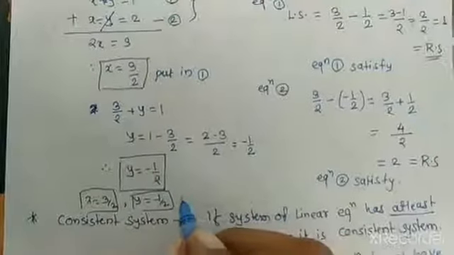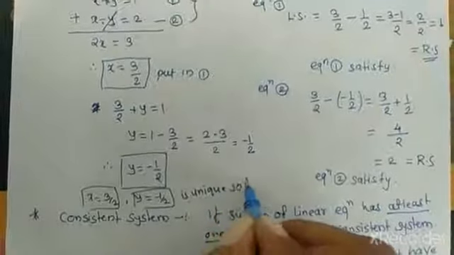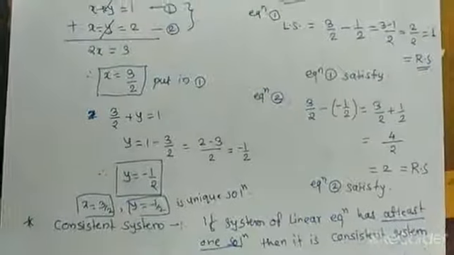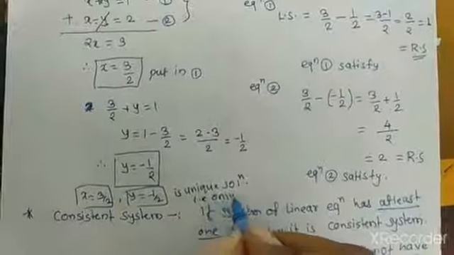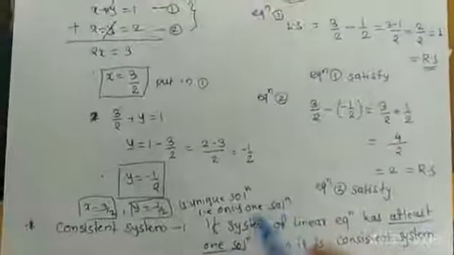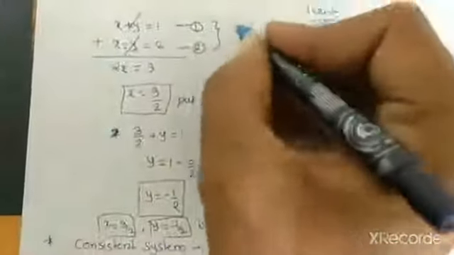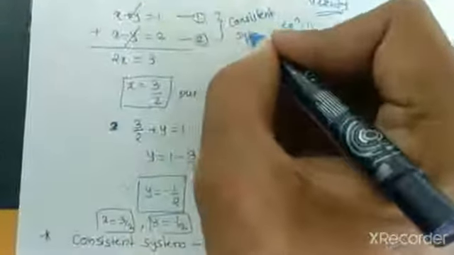So this system has a unique solution, that is, the system has only one solution. Therefore this system is a consistent system.